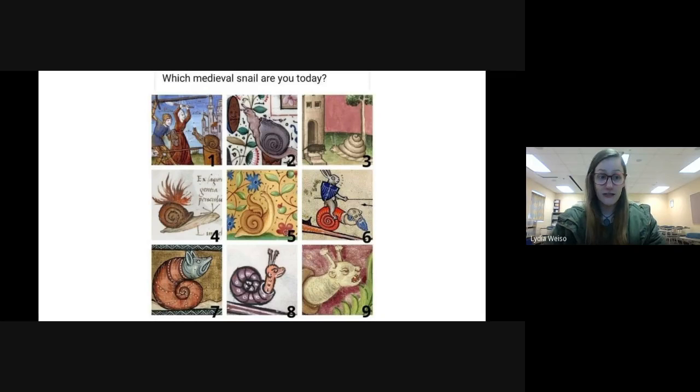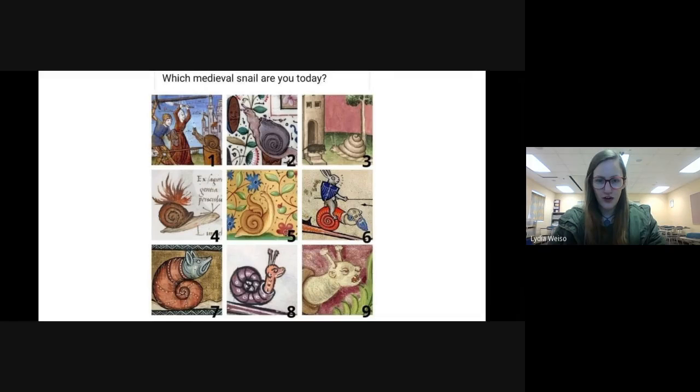Yeah, that's legit. That is a legit emotion. Kara says she's at a 5. That snail is so happy. Caroline says she's at 2. Yeah, that's probably where I'm at today. I'm at a 2.